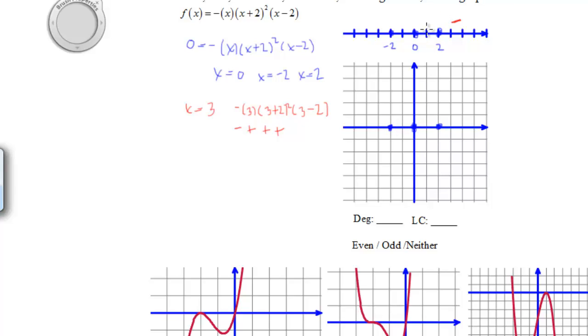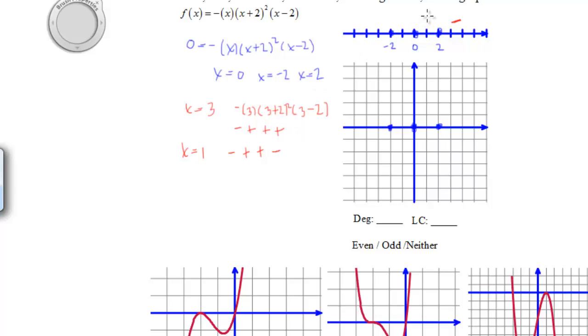And then we'll test a value in between 0 and 2, which x equals 1 would be a good choice. And if you test x equals 1, you would get a negative for the leading coefficient here, and then a positive when you plug in a 1, and then 1 plus 2 squared is positive, and 1 minus 2 squared is negative.